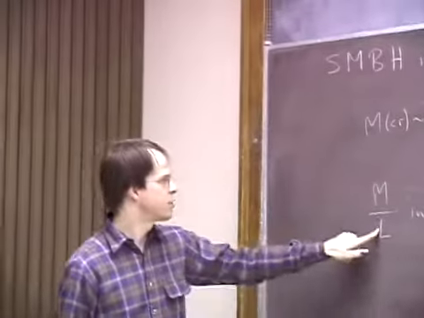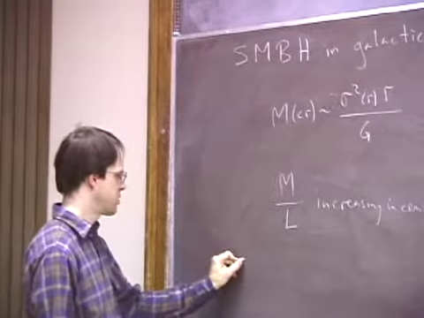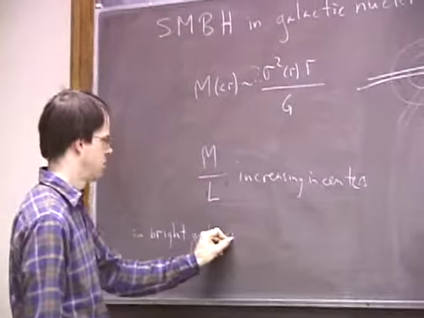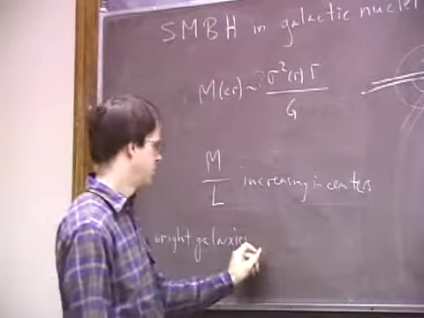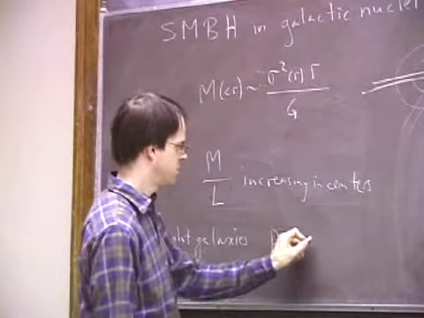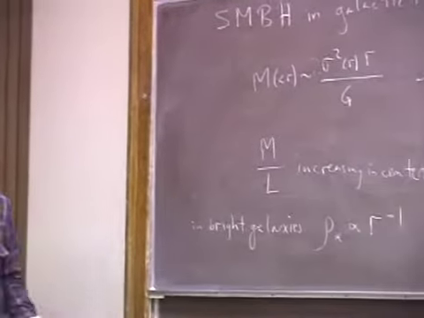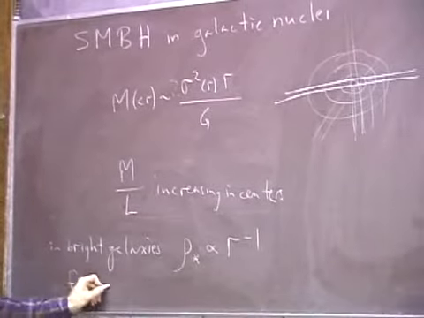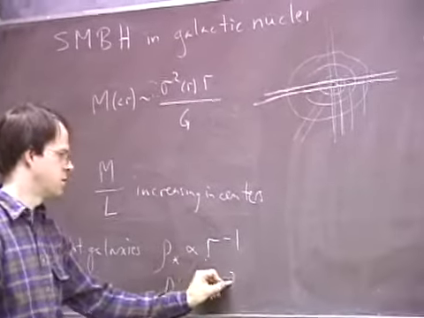So let me say a little bit about this light ratio. In bright galaxies, the luminosity density in the stars, rho star, goes proportional approximately to r to the minus 1 in the centers of the galaxies, whereas in younger galaxies, this density tends to go like r to the minus 2.